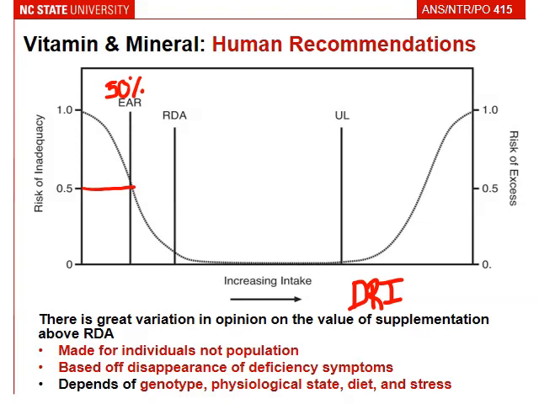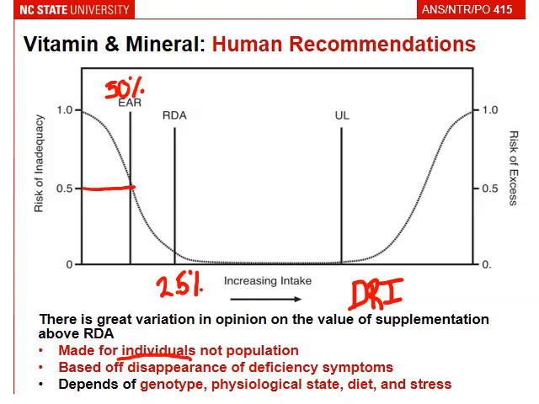Our next level is our RDA, and this is basically where only about 2.5% of the individuals may be inadequate. So we have 2.5% may be inadequate. And I would like to point out that this graph for humans is basically made for individuals.